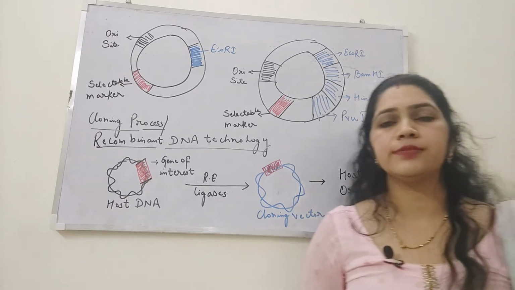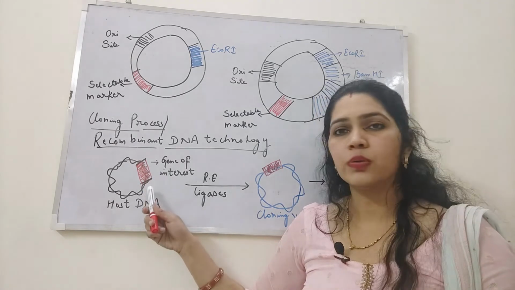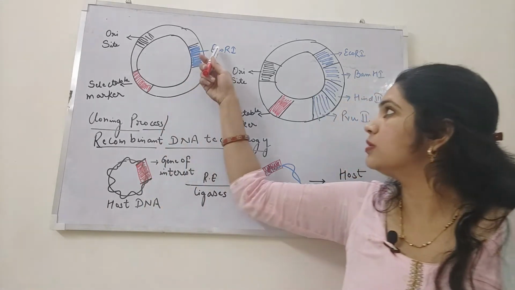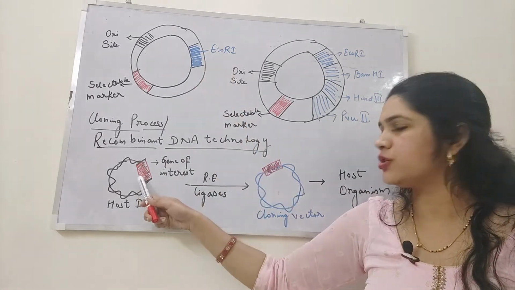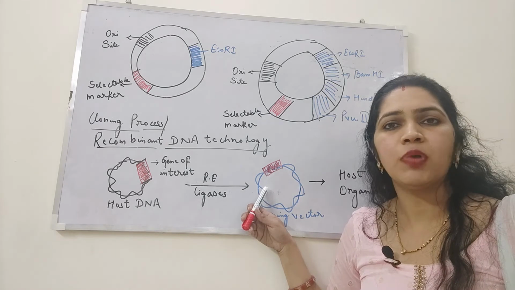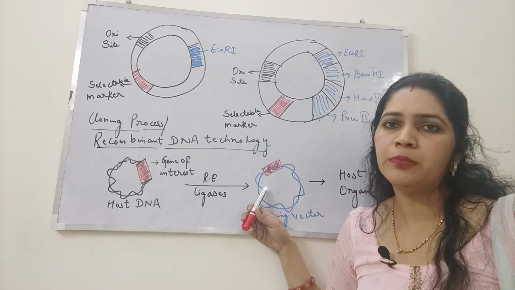Now consider a case where my gene of interest is located in such a position in the host DNA where I can't use EcoRI for its isolation and insertion into the cloning vector. In that case, I am not able to carry out my cloning process.